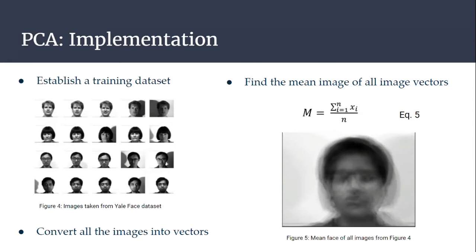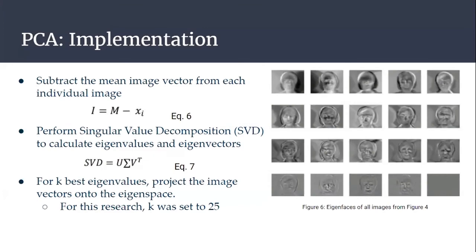And it's kind of like a superimposition of many images. After we get the mean face image, we would subtract the mean face image from each individual image. And then we would perform singular value decomposition, SVD, to calculate eigenvalues and eigenvectors.